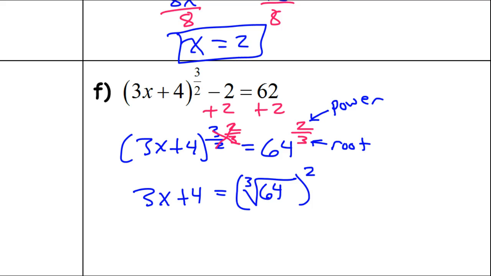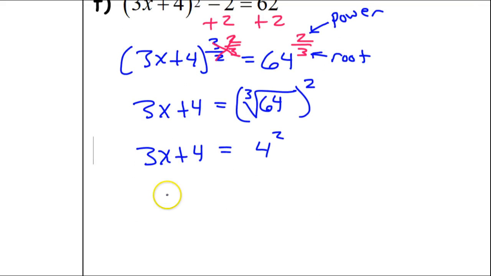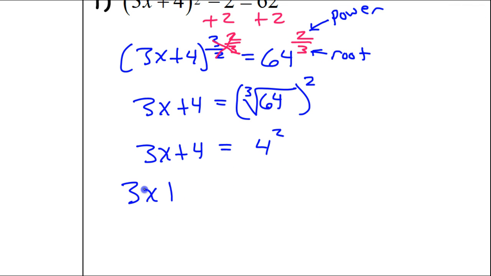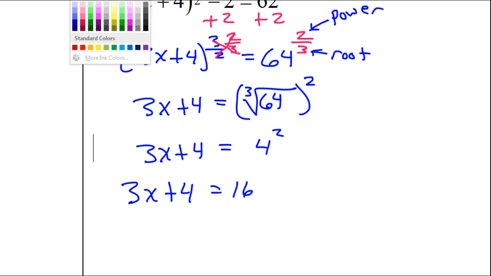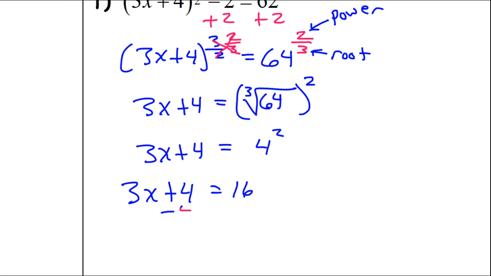So this is going to be the same thing as 3x plus 4 is equal to 4 squared. Of course, 4 squared is 16. And then we will continue to solve by subtracting 4 from both sides.